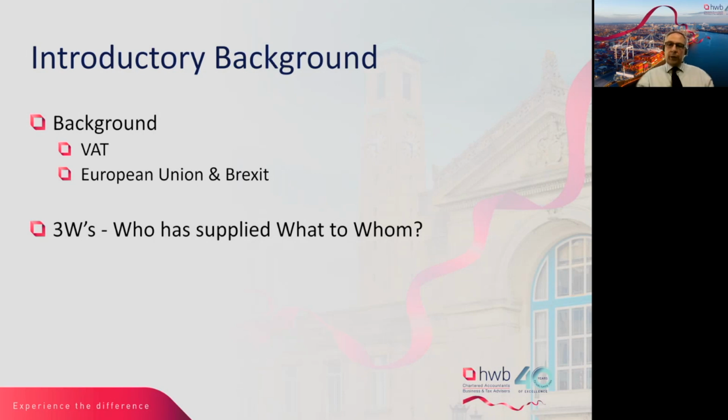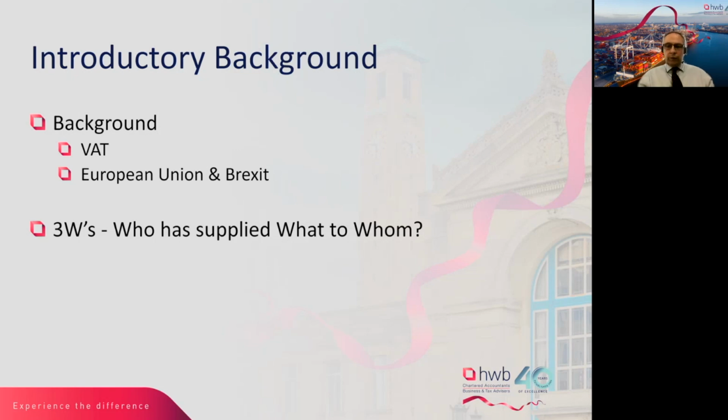We can have penalties based on a percentage of the tax due, and interest can accumulate daily. So we need to make sure we're getting it right. Otherwise, there might be a potential for double taxation or incurring irrecoverable VAT if we're not set up correctly. Finally, there's also the risk of reputational damage with customers and suppliers.